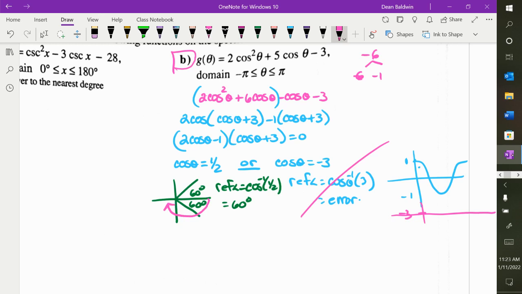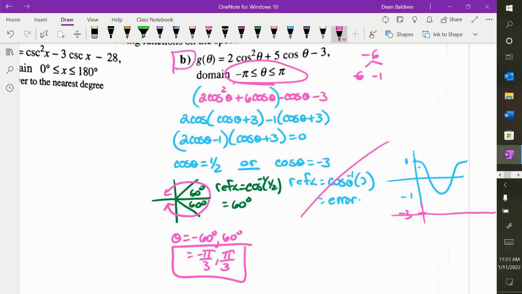So what's my answer from that direction? Not negative 60 degrees, because the domain is negative pi to pi. And if you go the other direction, it's 60 degrees. If you write them in rads, it should be negative pi over 3 and pi over 3. And it doesn't even ask for the general. So you're done.